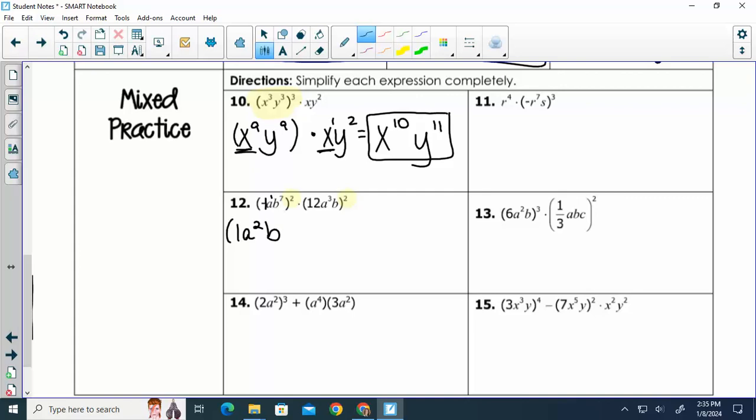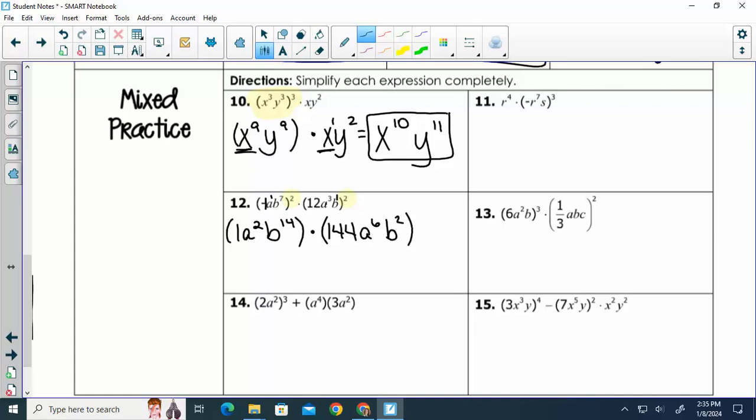B to the 14. Times, and that's parentheses. We have a 12 to the second, so 12 times 12 is 144. A, power to power, we multiply, so 3 times 2 is 6. This is its B to the second.